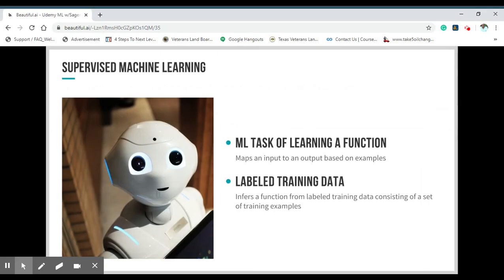Machine learning, we've gone through a few examples, but one of the things that's important is understanding that supervised machine learning is the process of mapping an input to an output based on examples, right? So you feed a model a number of examples, and the examples have labels, or labeled training data. All labeled training data is, is that it infers a function from labeled training data consisting of a set of training examples.